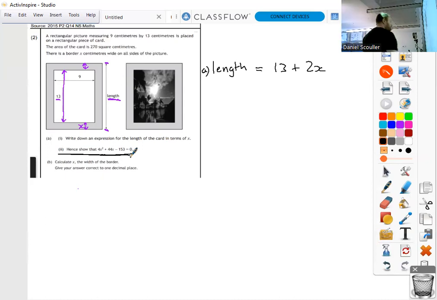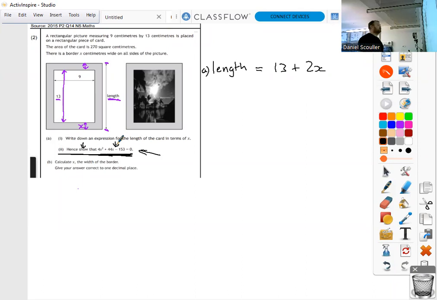But hence show this: you're starting out with your final answer, so this is where we're trying to get to. Most people understood that part, but then got lost and jumbled up. Essentially it's saying hence show that this is the area of that picture frame.